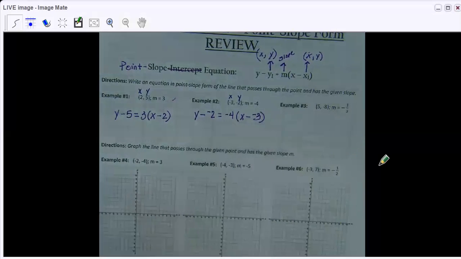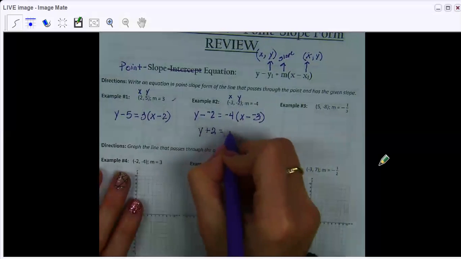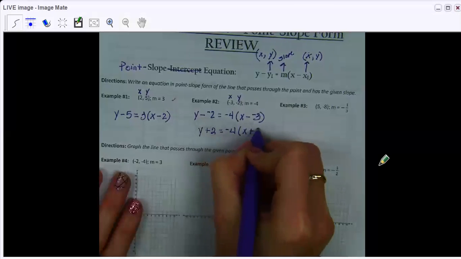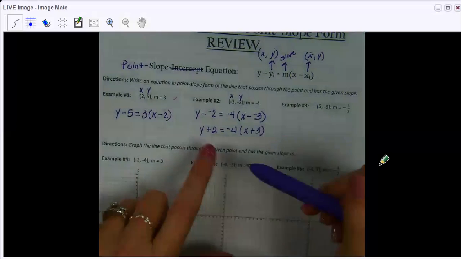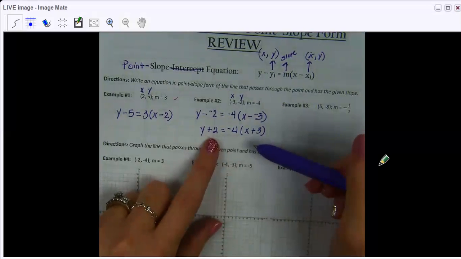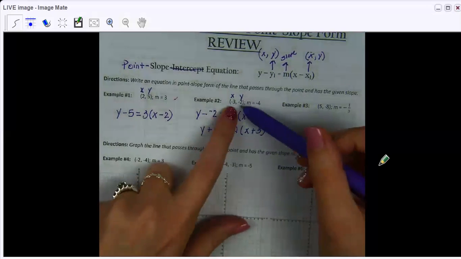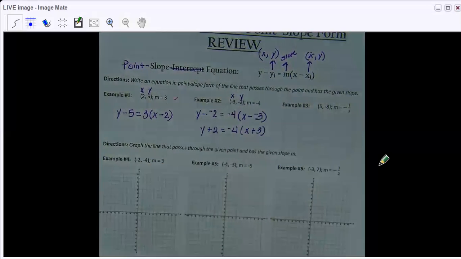Yeah, basically you're just adding them. So y plus 2 equals -4 times x plus 3. Now notice that your 2 and 3 look positive in the equation, but because we were subtracting them, when you pull them out of the equation, they're actually negative. And that's something that we're going to look at further down in this page.